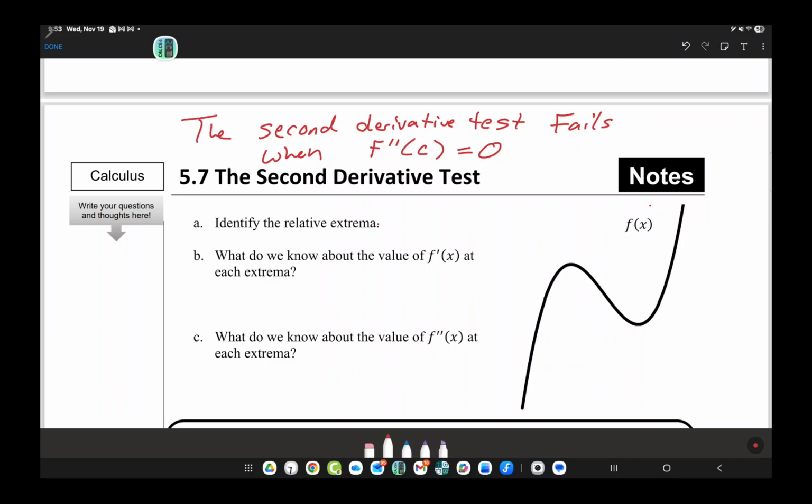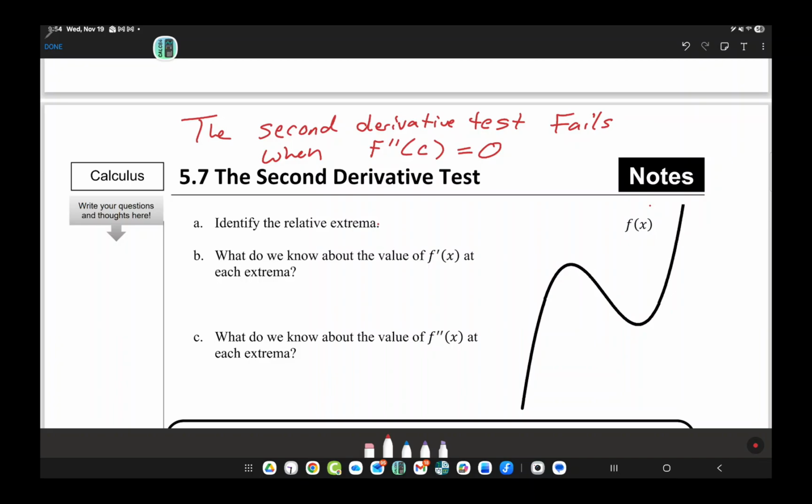Okay, so when you're doing the second derivative test, if you get f double prime equal to 0, then you cannot do the second derivative test. You have to do what's called the first derivative test.